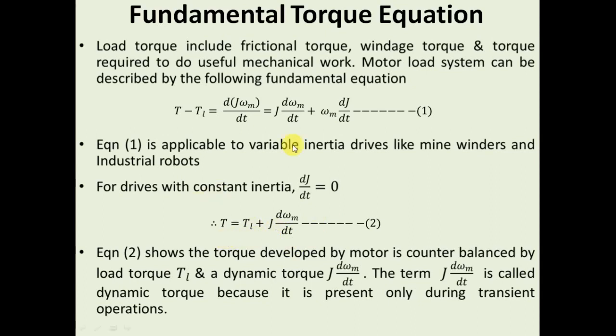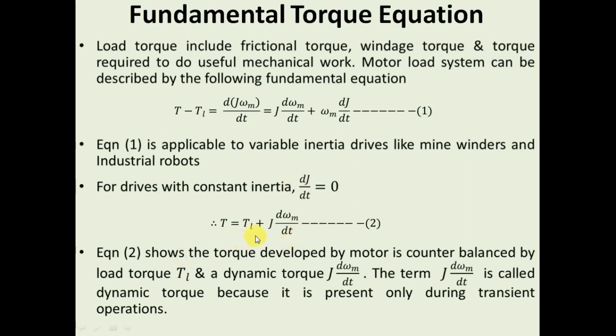During this accelerated transient condition, energy associated with this dynamic torque component, that is J into d omega m by dt, will be stored as kinetic energy in the motor shaft, and the relation for that kinetic energy is half J omega m square.